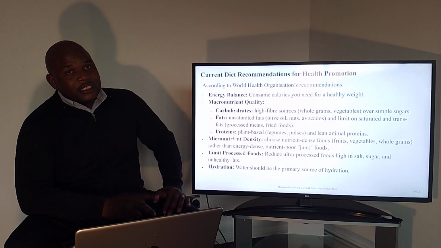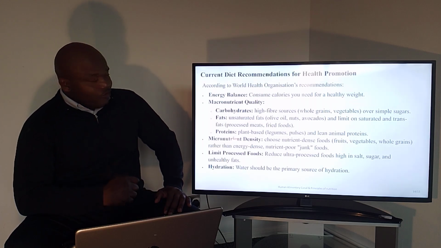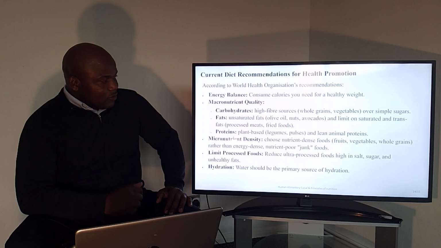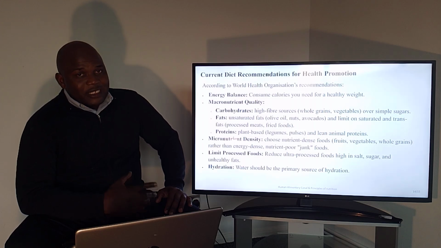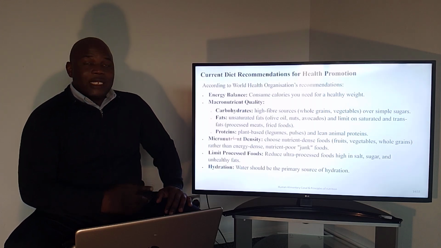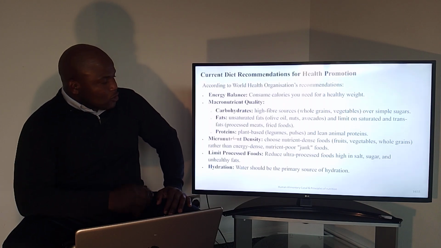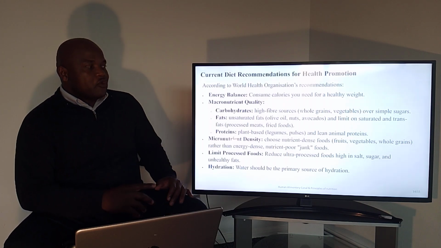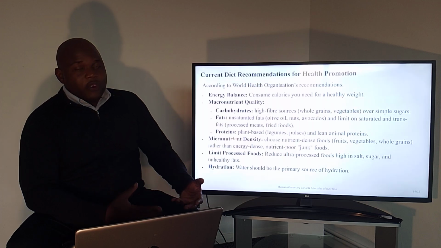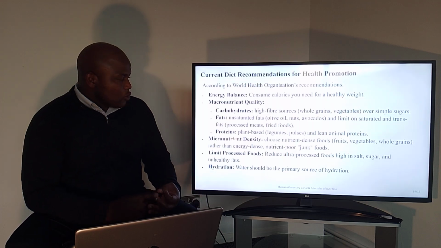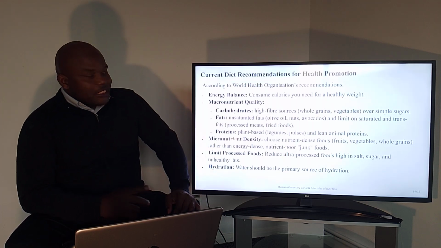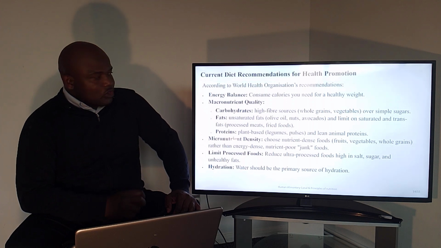Then there are processed fats that are bad for you. Proteins: plant-based proteins from beans, legumes, lean animal proteins are good for health. And also nutrient density: choose nutrient-rich foods that are healthy, fruits, vegetables, whole grains, rather than energy-dense, poor-nutrient food, that is junk food.